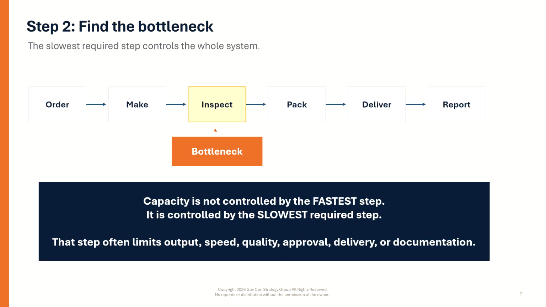The key to estimating capacity and developing accurate pricing is finding the bottleneck in your production process. This is the step most small businesses overlook. Capacity is not controlled by the fastest step in your process. It is controlled by the slowest required step. Ask yourself, which step slows everything down? Which step has the most glitches? Which step takes the longest to complete?